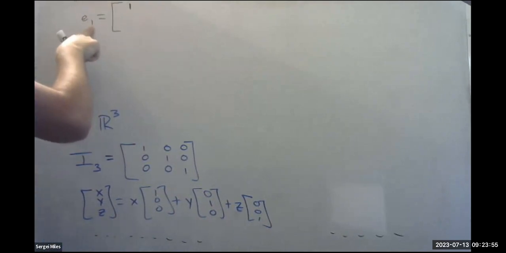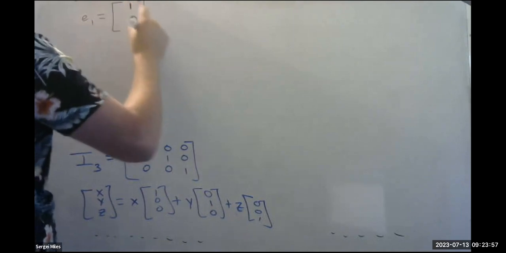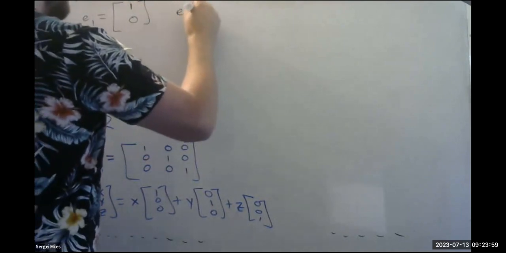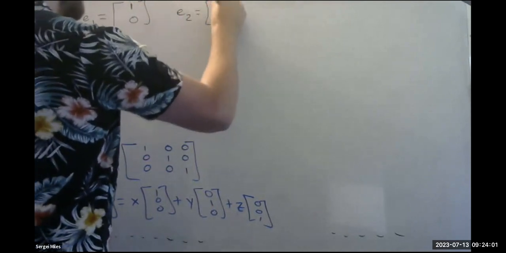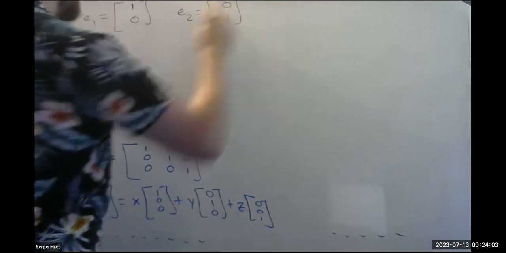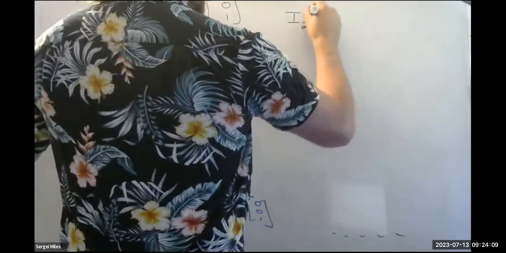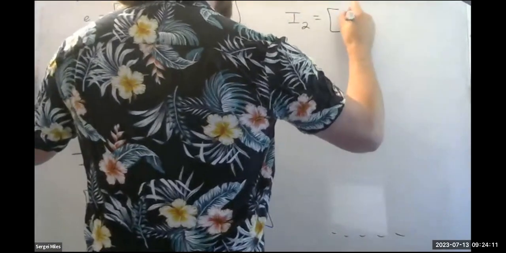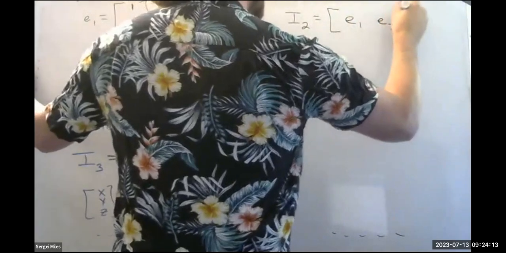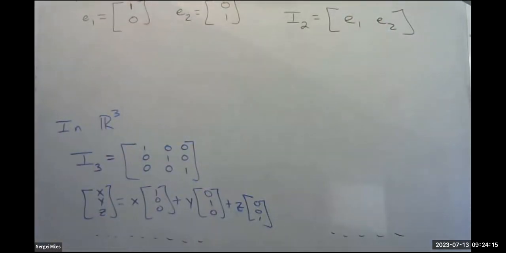That's what the subscript 1 means. E2, I'm then going to put 1 in the second entry. And so I can rewrite I2 as being the matrix with E1 and E2 as columns.